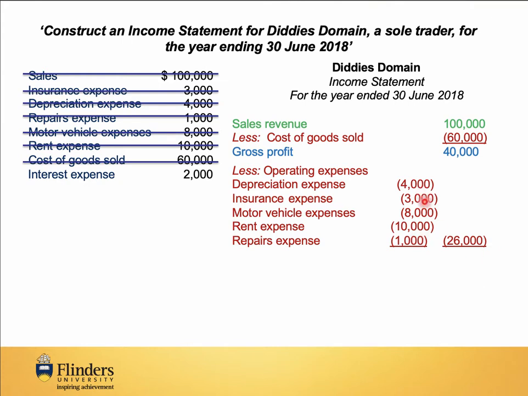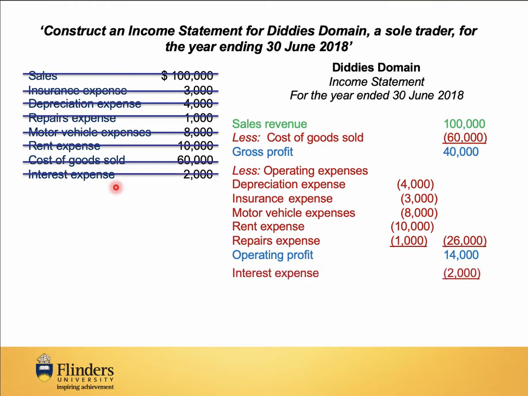Sorry, the alignment is not very nice. So the total of all of these expenses, 26,000, which is also shown in brackets because this total will be deducted from the gross profit. So that gives us the operating profit. We haven't included interest expense yet because interest is not an operating expense, it's a non-operating expense.